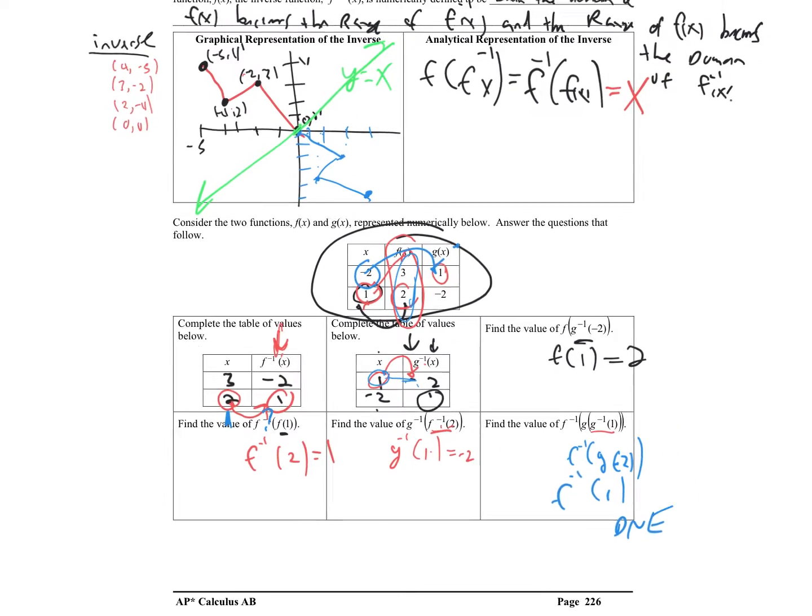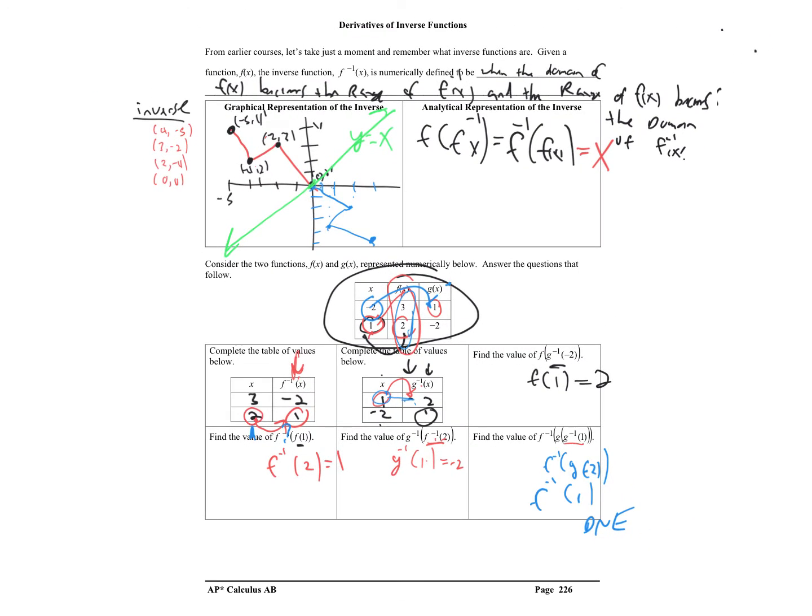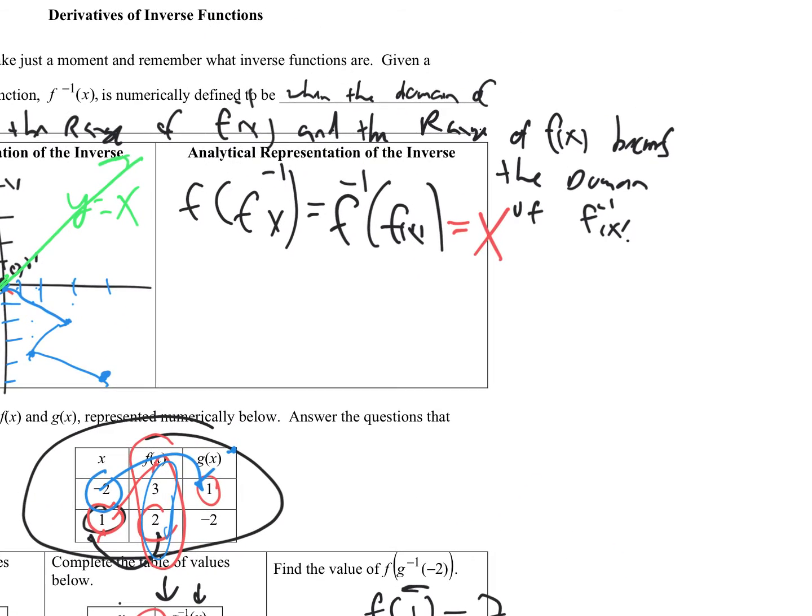So we had those right yesterday. Yeah, I cleaned it up a little bit. It came from this analytical definition of inverse. You know, the composite stuff, f inverse of f equals x.